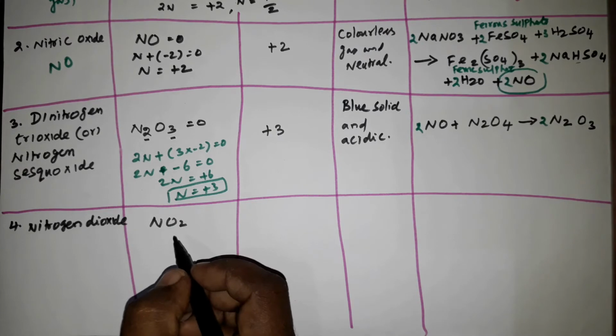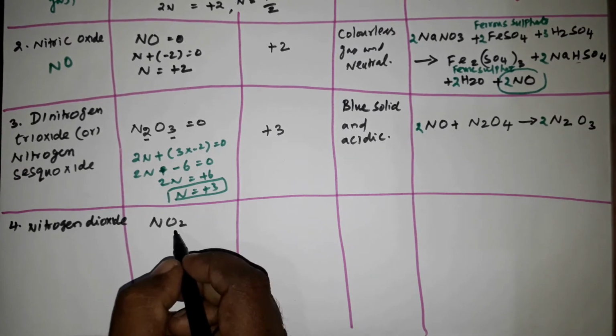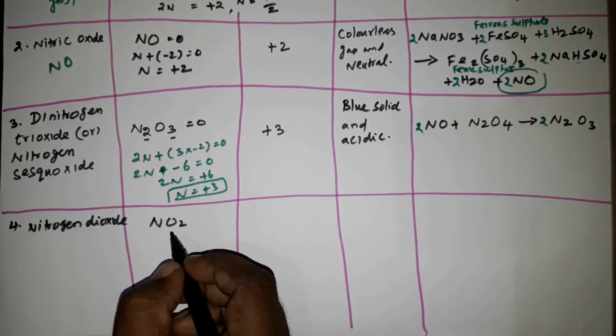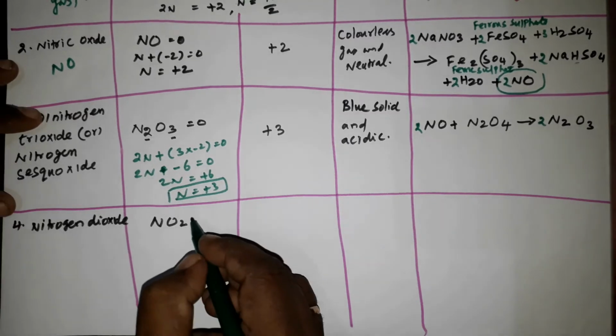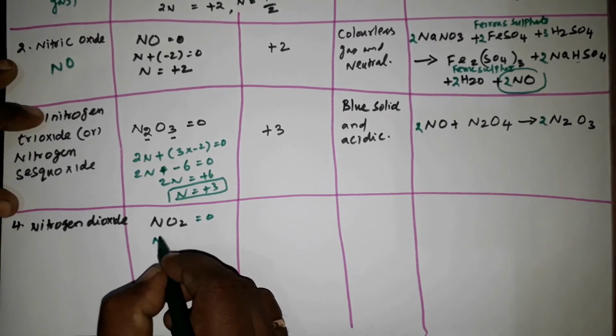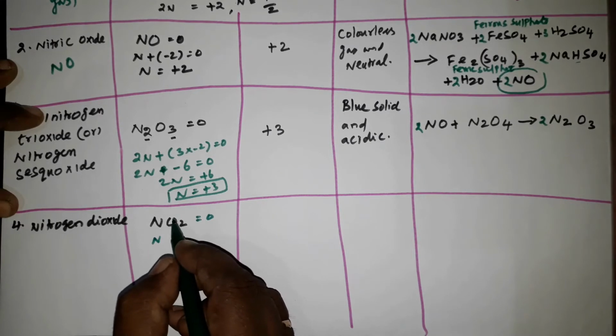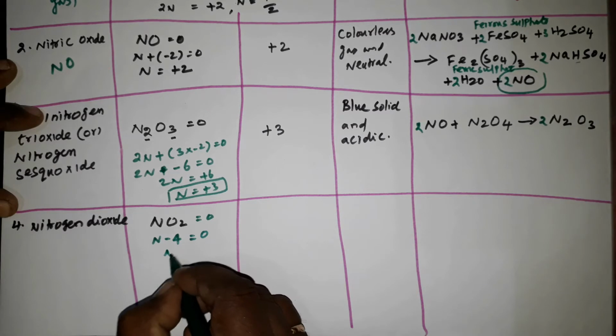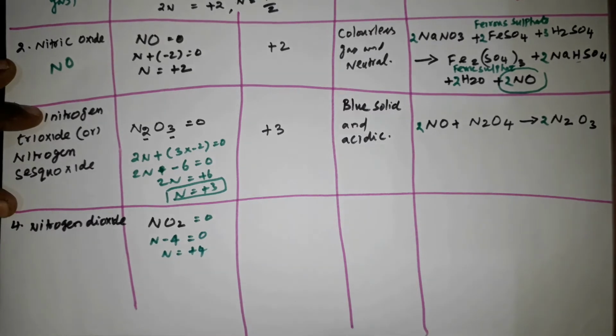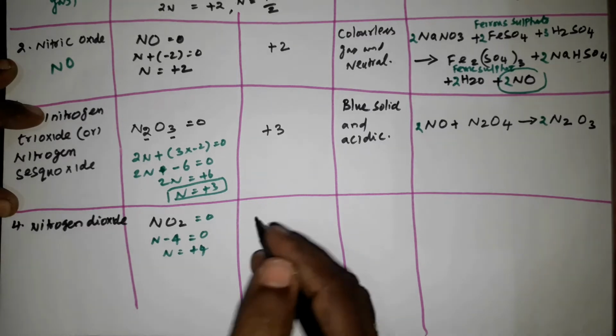Okay, see here, nitrogen, di means 2, so nitrogen dioxide, so NO2. Then calculate the oxidation number. The same way you are going to calculate, keep 0 for the compound. Then N plus, there are 2 oxygen atoms, so minus 4 equals 0, N equals plus 4. So the oxidation state for nitrogen dioxide is plus 4.